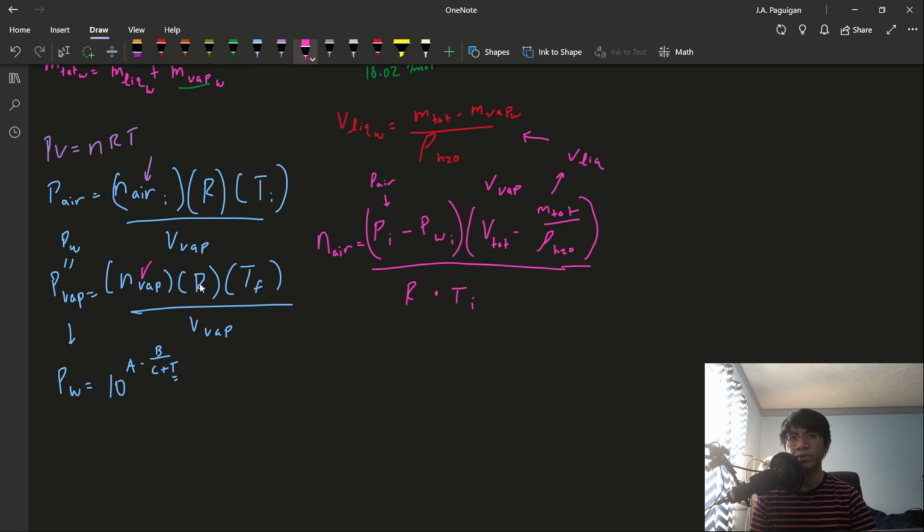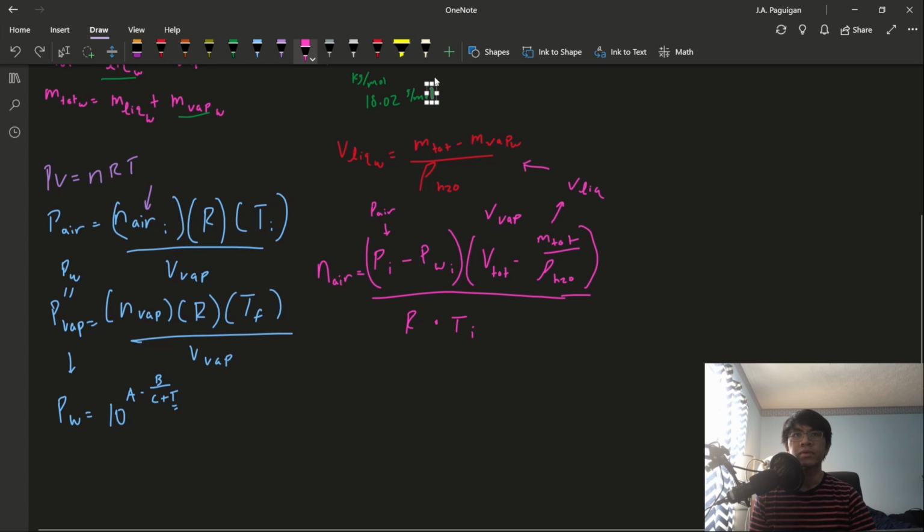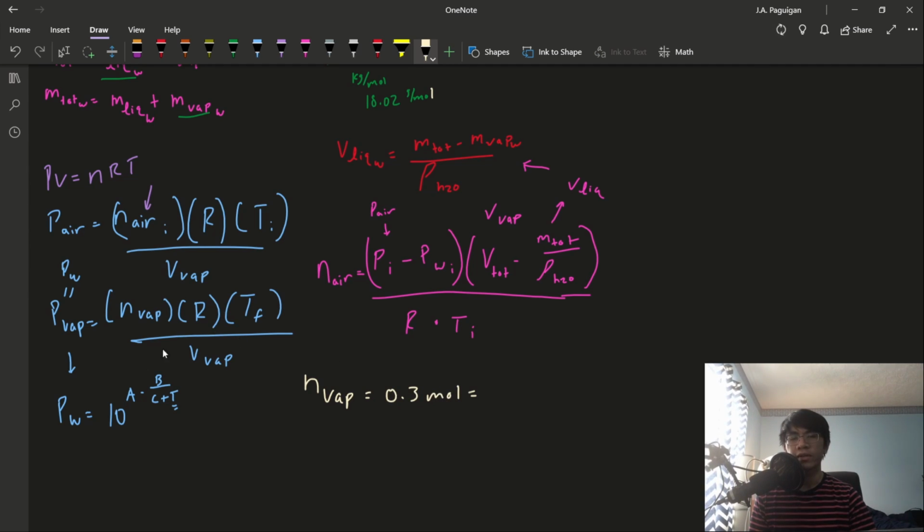So we do know the moles of vapor, and I'm going to go ahead and write that out. Moles of vapor, which we know is equal to 0.3 moles. You can write that and isolate it so we can have another relationship, basically.